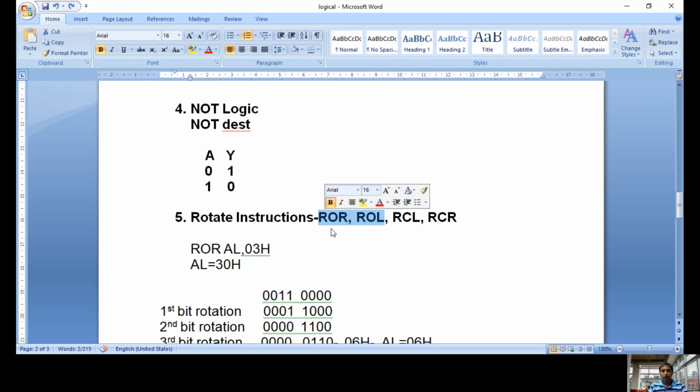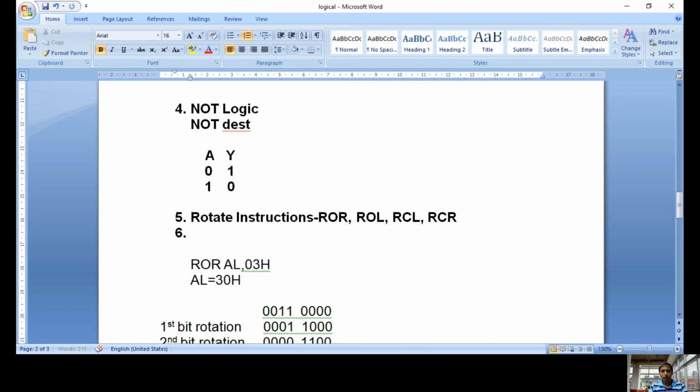So without affecting carry, only the main bits, from LSB to MSB, are rotating according to the condition. Any rotate instruction, maybe ROL, ROR or RCL, the mnemonic syntax is the same.